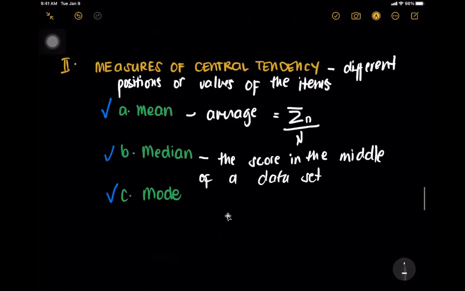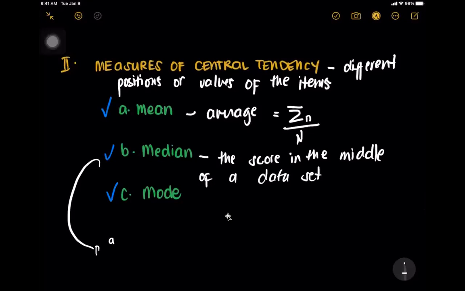For your median, I'd like to add a little input. In order to identify the median, the first thing we need to do is arrange your data in an array. An array could be from highest to lowest or vice versa.